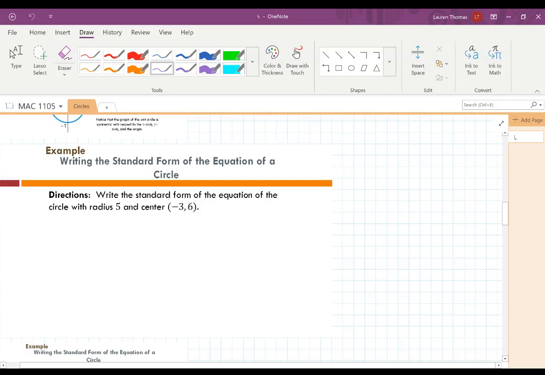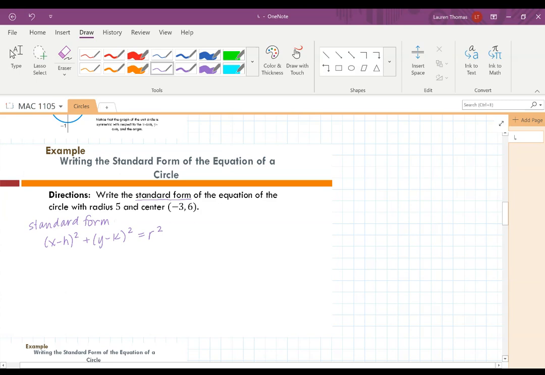First of all, we need to pay attention to the directions of this problem. It says to write our equation in standard form. So in order to do that, we've got to remember what standard form of a circle is. Standard form, from our definition, said that (x minus h) squared plus (y minus k) squared equals r squared.